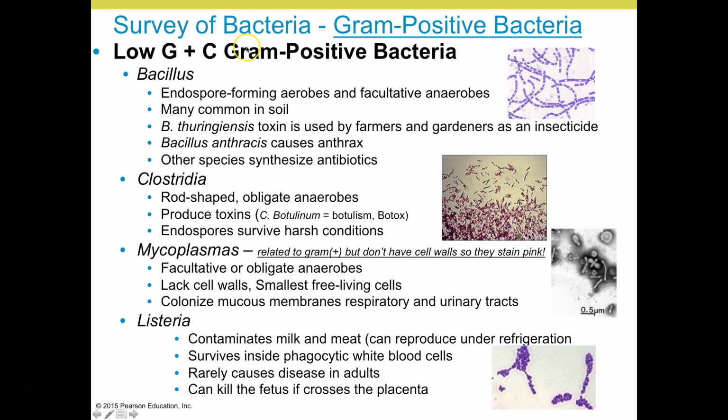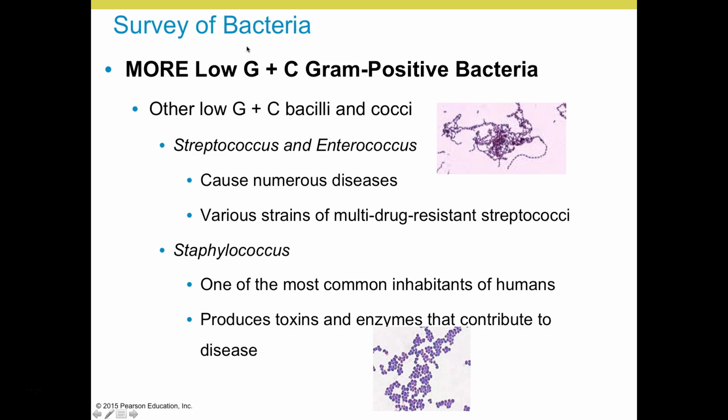For instance, here you have your bacillus, and they give you different examples here. You have your clostridiums, your mycoplasmas, and your listeria. More of these low G and C gram-positives are your streptococcus and enterococcus and your staphylococcus.